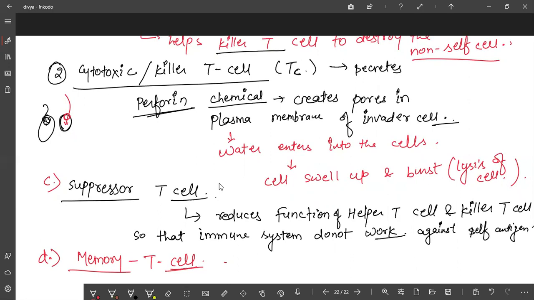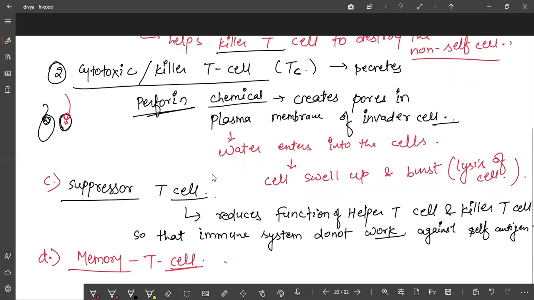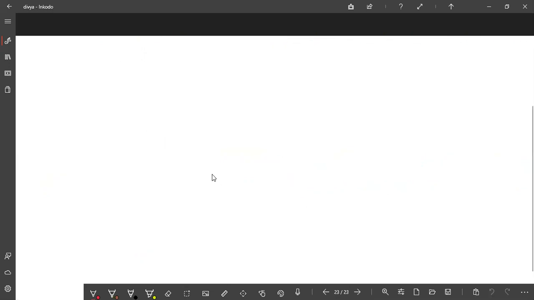Okay, so this is all about B lymphocyte and T lymphocyte, and especially this is cell mediated immunity, and this is antibody mediated immunity. Now, one more thing is there, graft rejection, you know, graft, transplant.